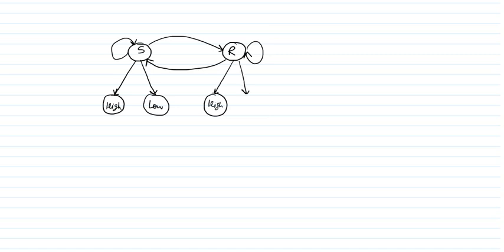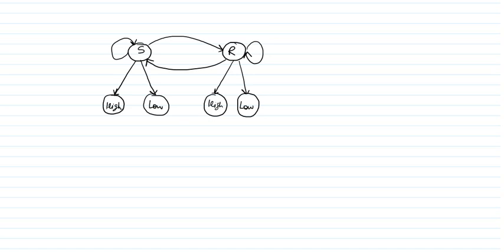Obviously the probability of having a high temperature on a rainy day may be low, maybe zero, but we may take it into consideration. Now this is actually the hidden Markov model.